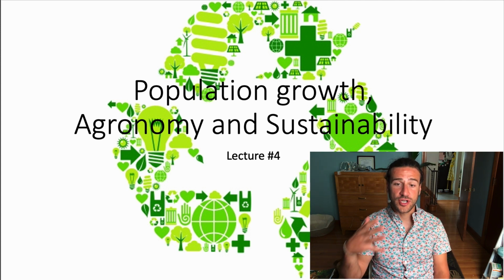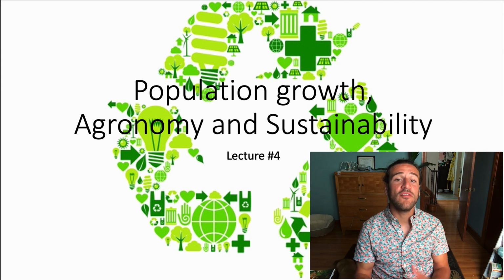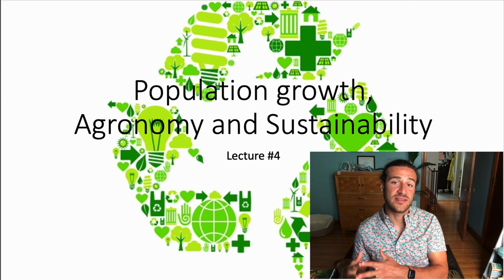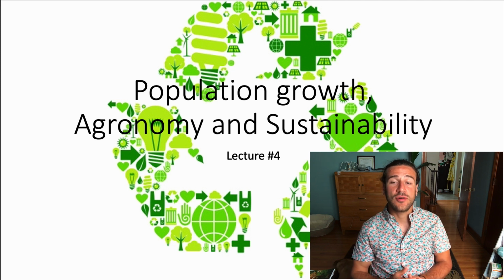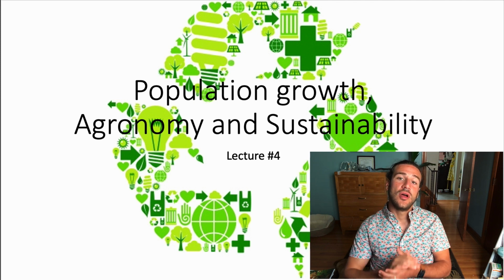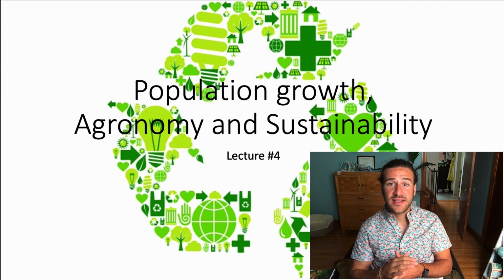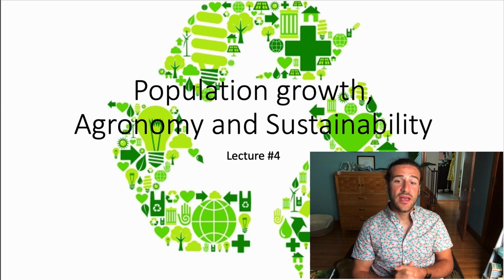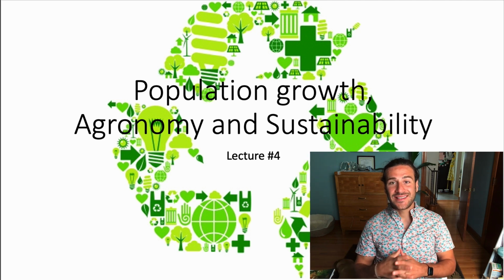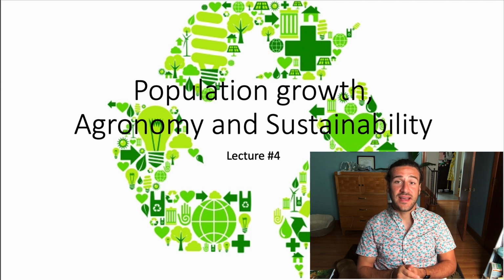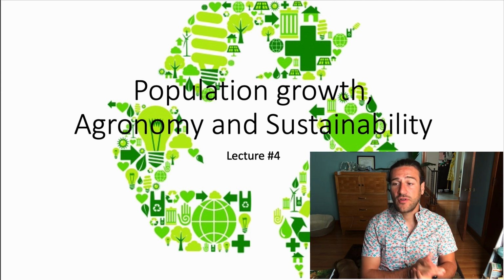We're going to move towards agronomy, which is the study of plants that are going to be used for human society. When it comes to crops, and plants like cotton and other fibrous plants that we use for textiles, there's a lot of science behind that, and we call that agronomy, the study of plant sciences for human use.